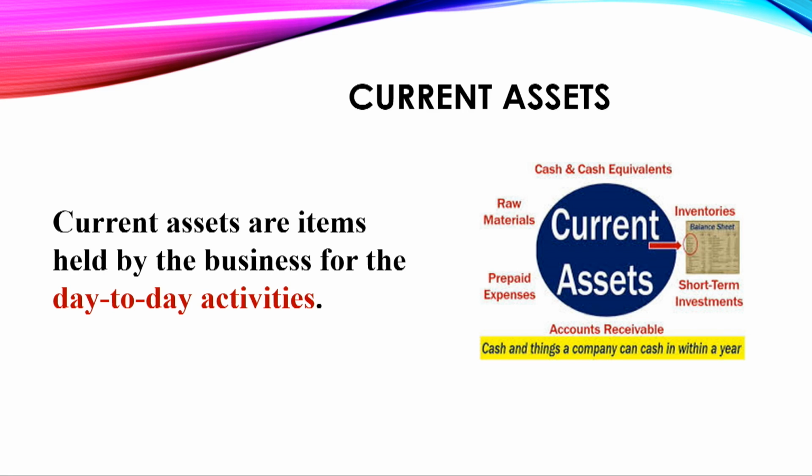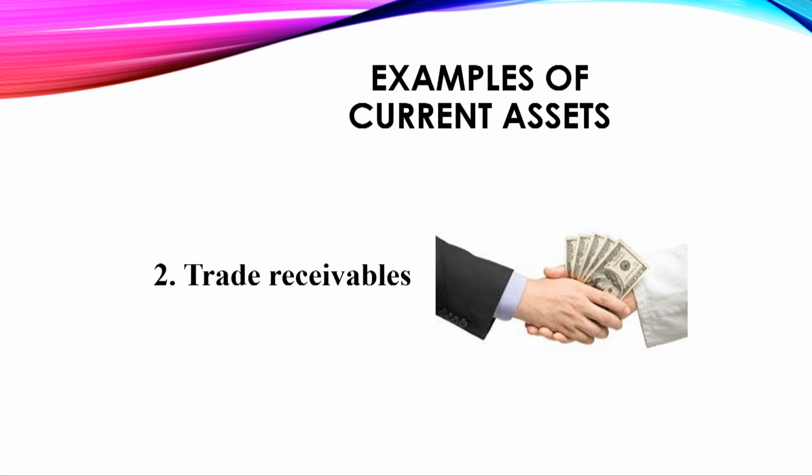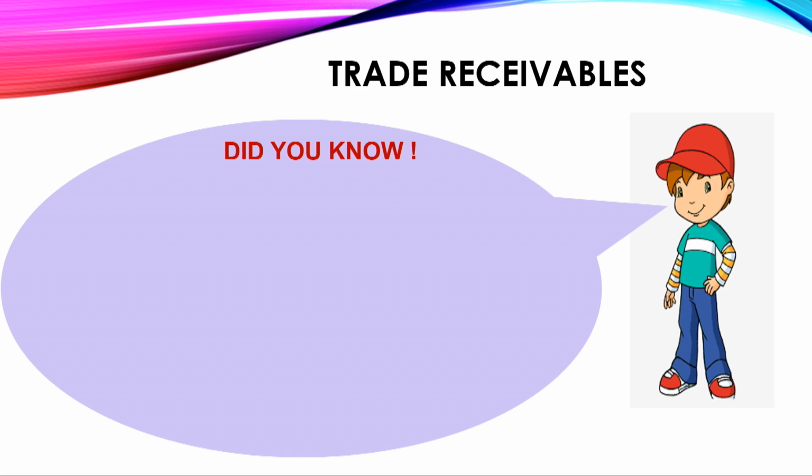What are current assets? They are items held by the business to carry out its day-to-day activities. Examples of current assets are inventory, trade receivables. Do you know what trade receivables mean?